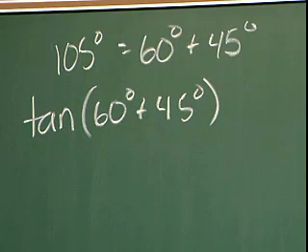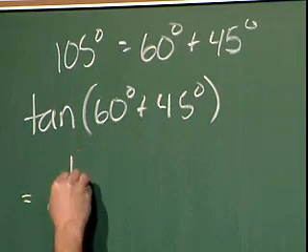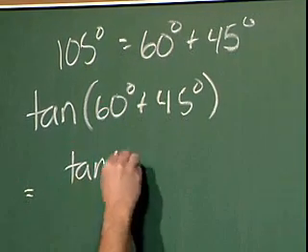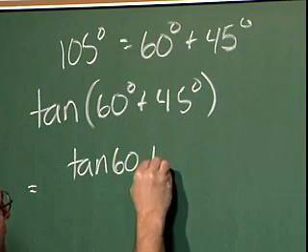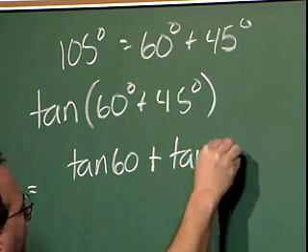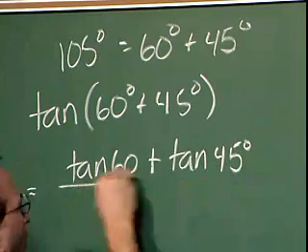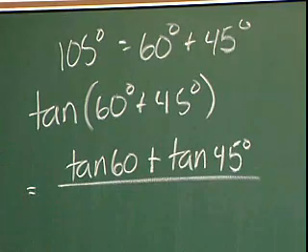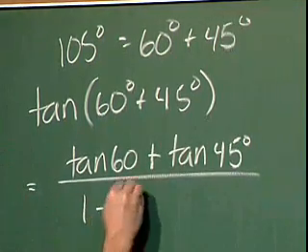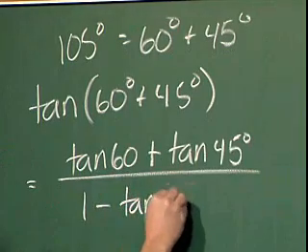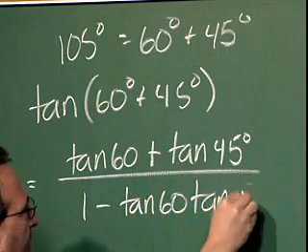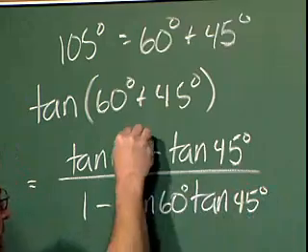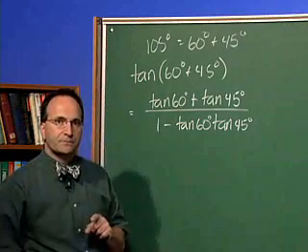And using your formula, that's equal to tangent of 60 plus tangent of 45 over 1 minus the tangent of 60 times the tangent of 45. And those are all still in degrees.